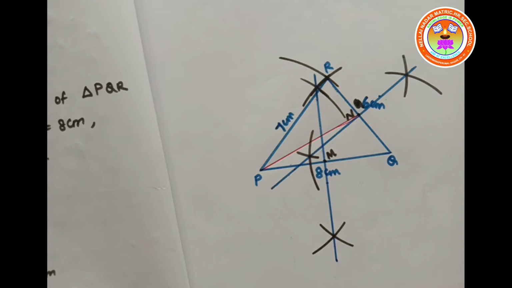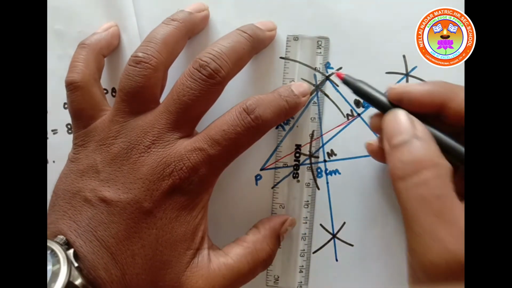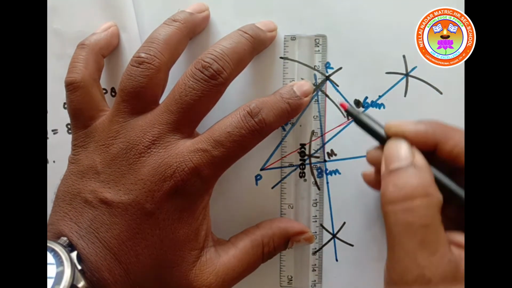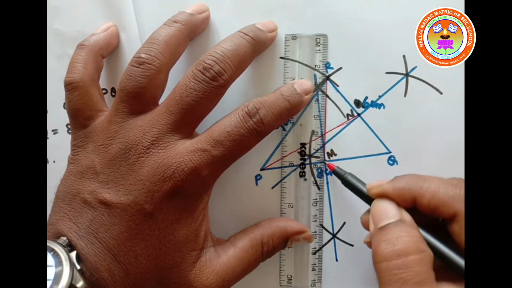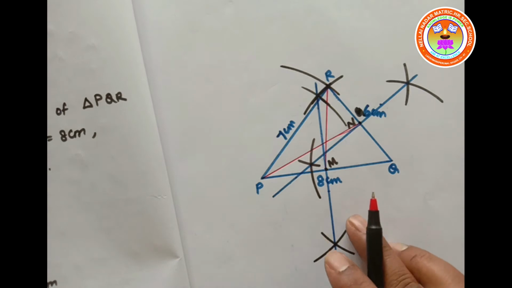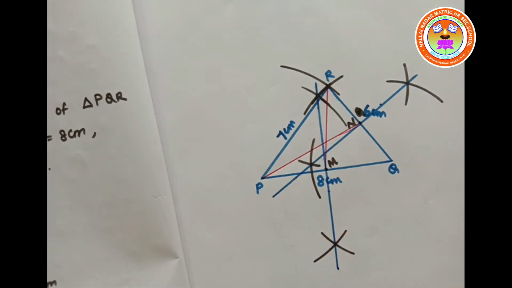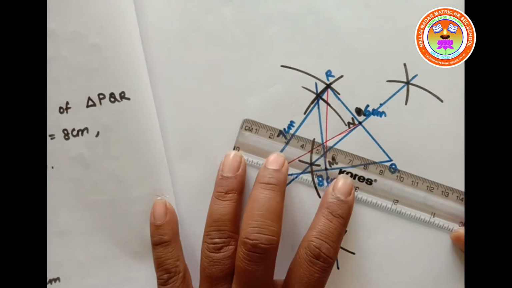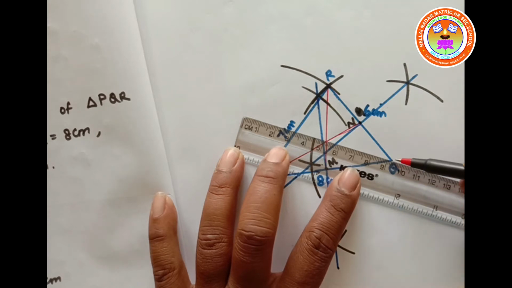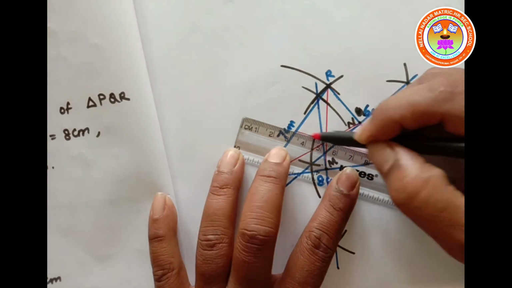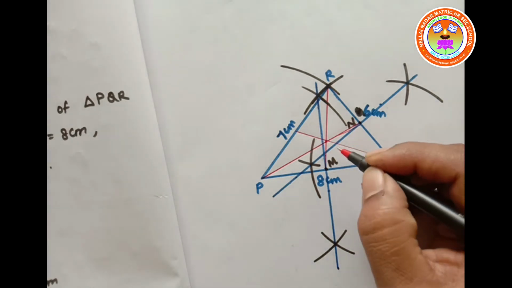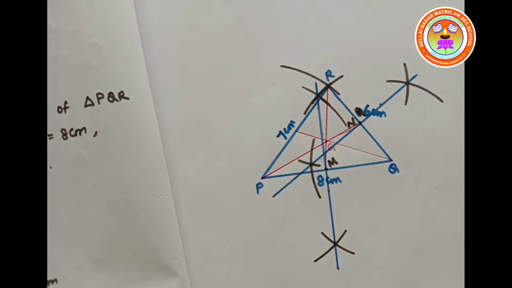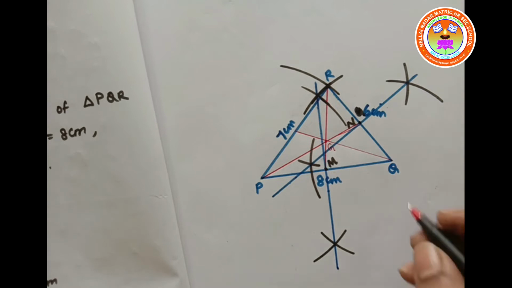And in the same way you draw another median RM from R to M. Both the lines intersect at point G. If needed, you can extend the other median also. This point is G. This is the centroid of the triangle. G is the centroid of the triangle.